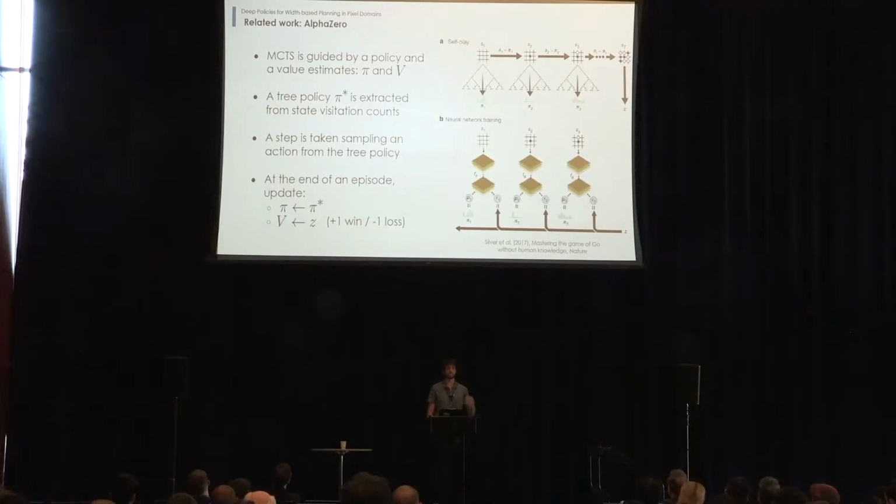A step is taken sampling from this policy instead of using the best action. And at the end of the episode, we update our policy estimate with the target one extracted from the plan and our value estimate with the real win-loss score. And note that we have to do this at the end of the episode because we need to know whether the agent won or not.